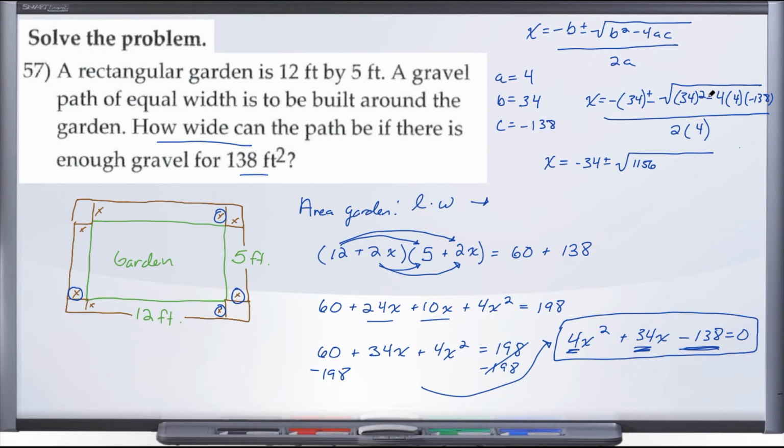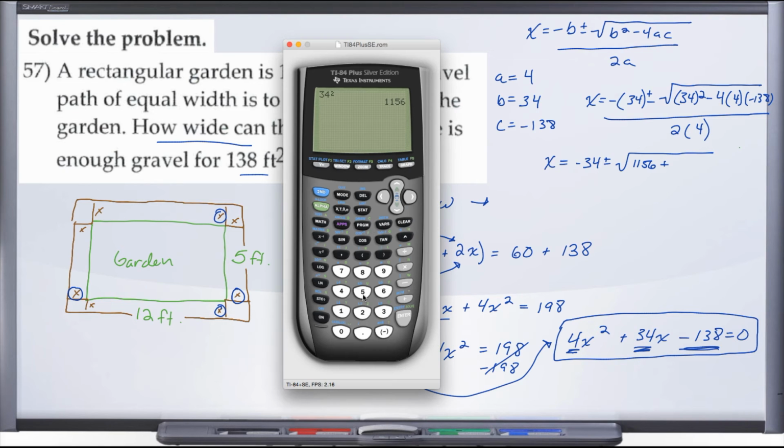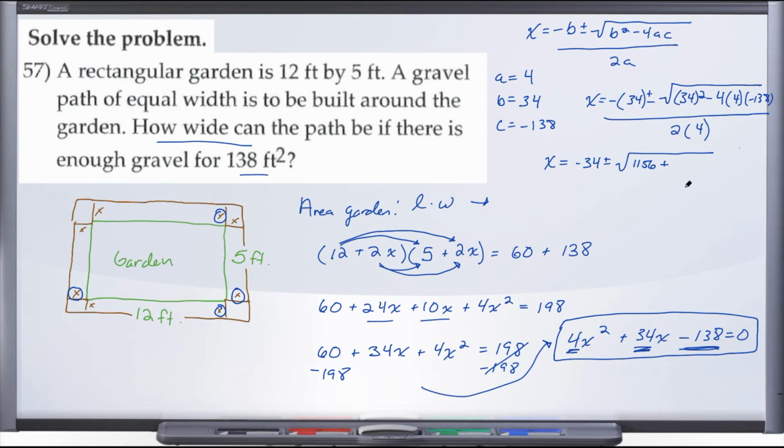And now we have negative 4 times 4, so this is negative 16 times negative 138. That's going to give us a positive. Negative 16 times negative 138 gives us 2208, all over 2 times 4, which is 8.